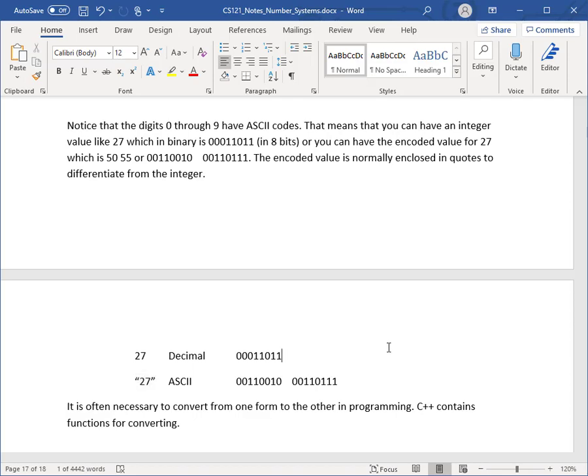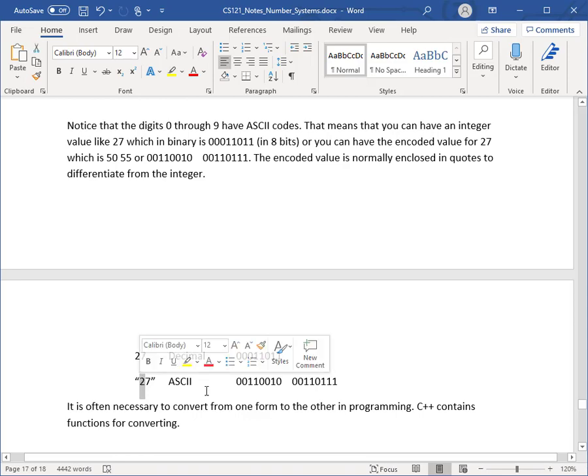So we have the code for a 2, which is this binary string here. That's the ASCII coded value 2. Then we have the ASCII coded value for 7. So with a string, we have ASCII encoded information stored in memory. Whereas if we have an integer value, we just have whatever binary equivalent represents a decimal value. So don't get those confused.